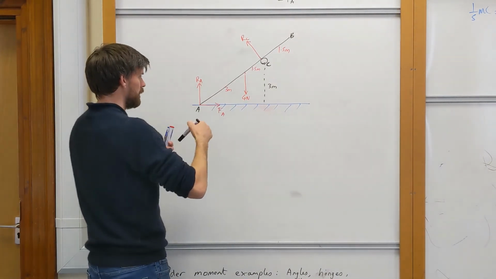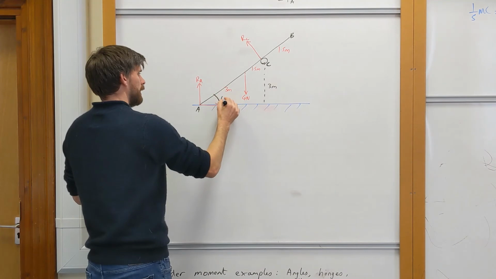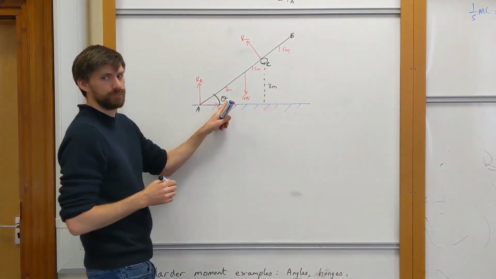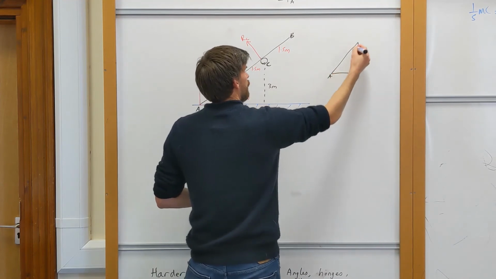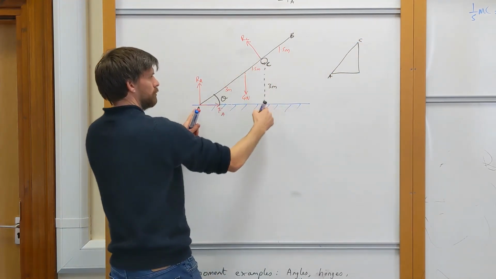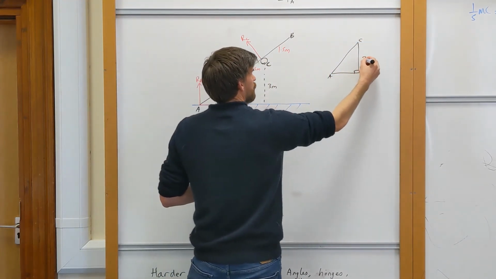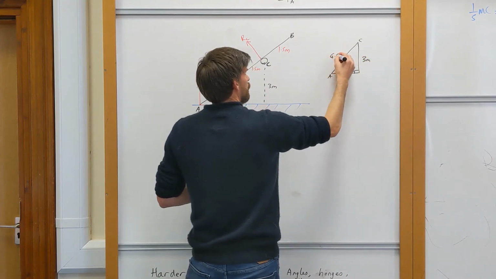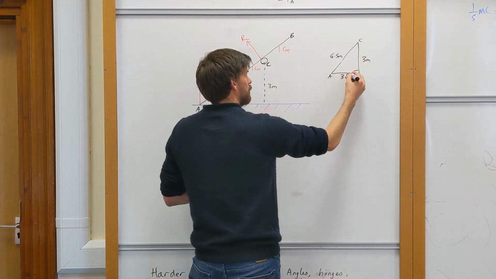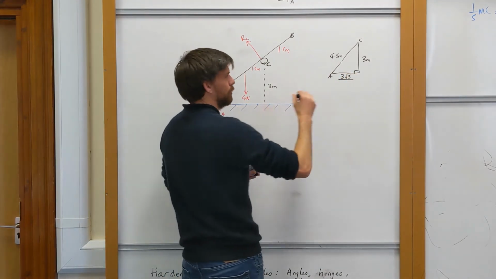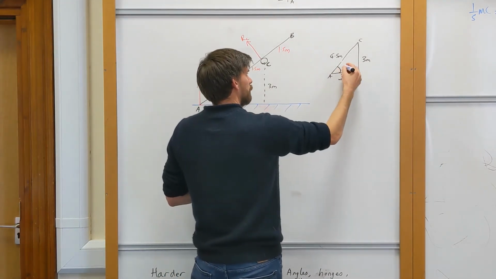The other thing we need to consider, just before we do any more working, is we've got this angle theta here. Well, if we look at the triangle from A to C, this triangle here, we know that that's 3 meters and that's 4.5 meters. If you use Pythagoras, you'll find that that is 3 root 5 upon 2. That angle in there.